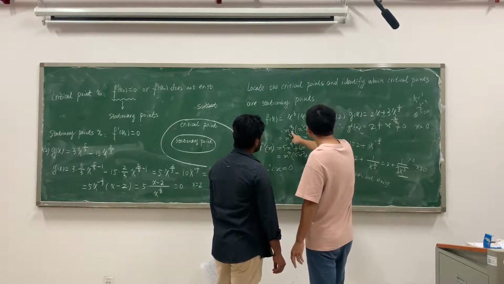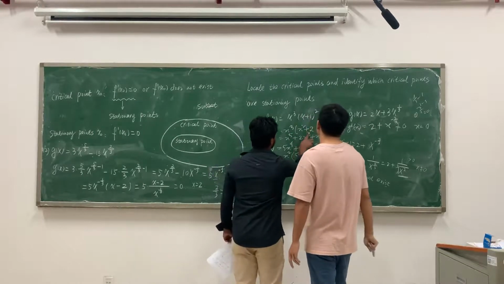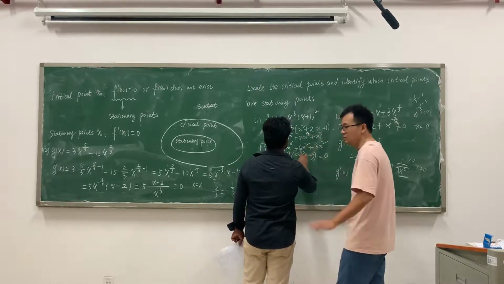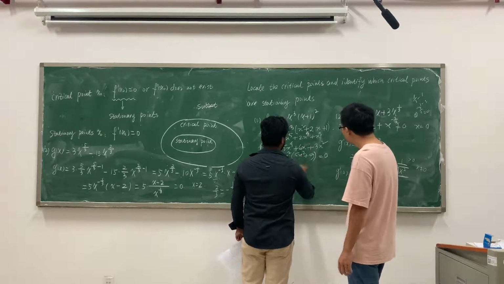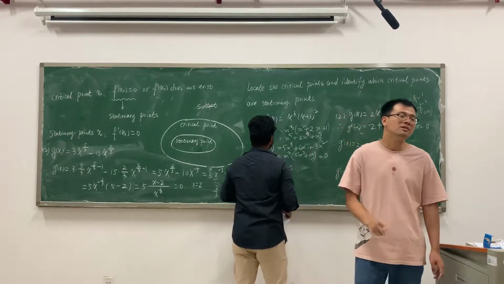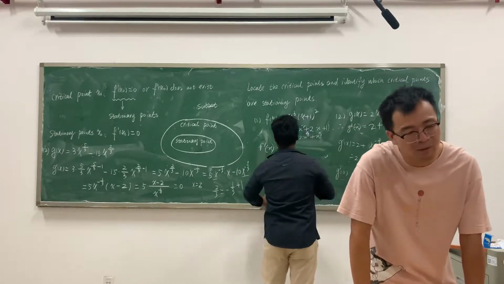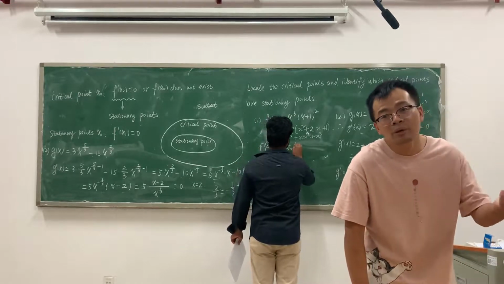Here is x cubed times 2x. Now let's see, okay? I think it is not very hard, I think it's easy because first you can compute the derivative.